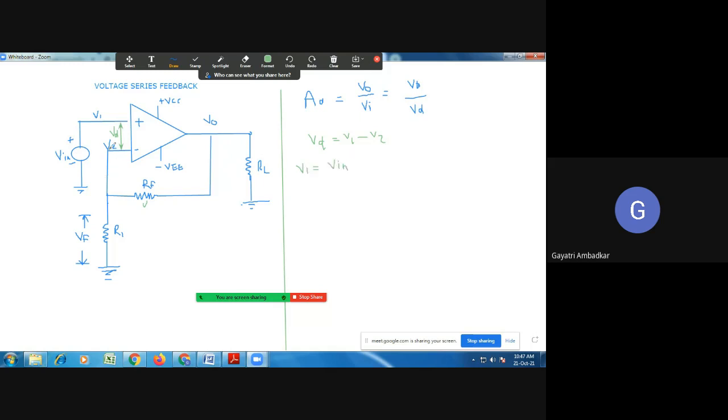What is your V2? V2 is the voltage from this point to ground. So what is there? There is only R1.